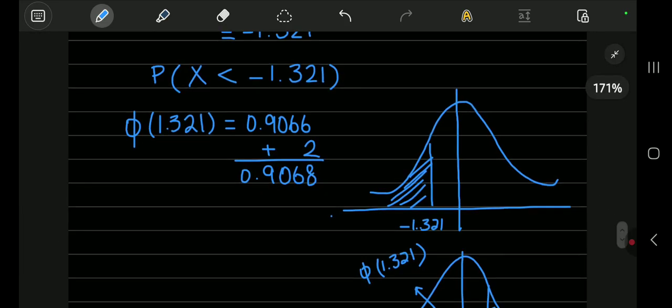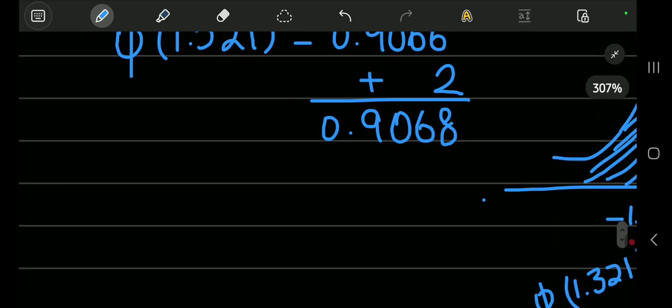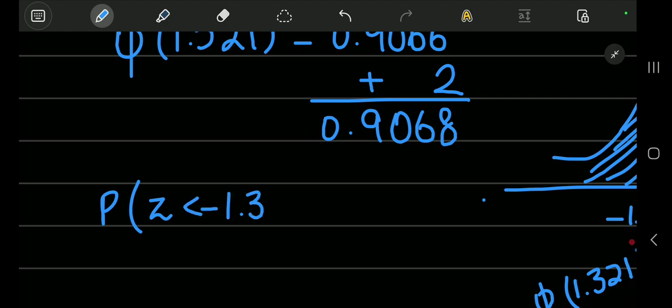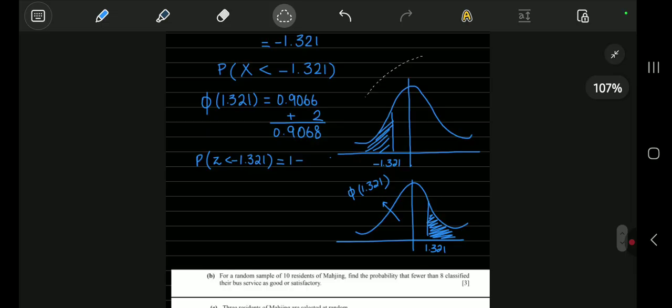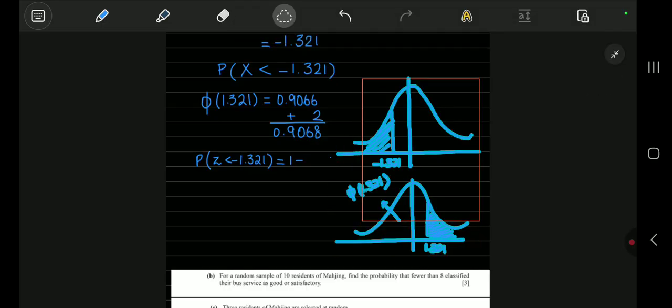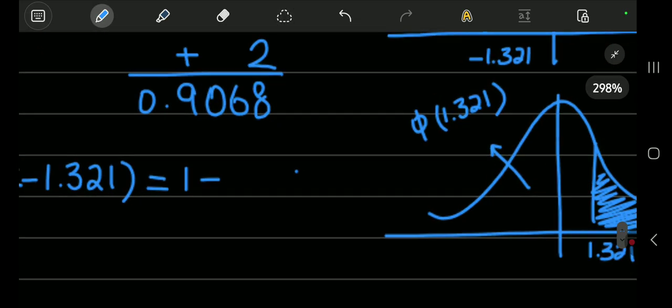Okay, but we need the area of this region. So for this region, for probability of z less than minus 1.321, it will be equal to 1 minus the phi value of your 1.321.